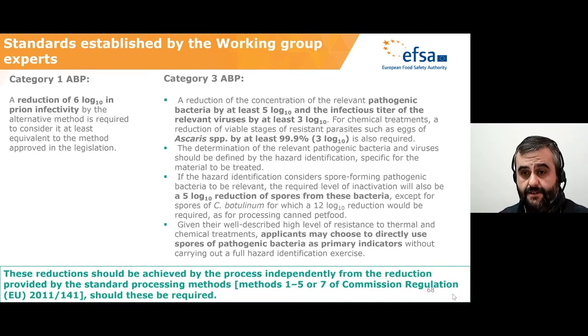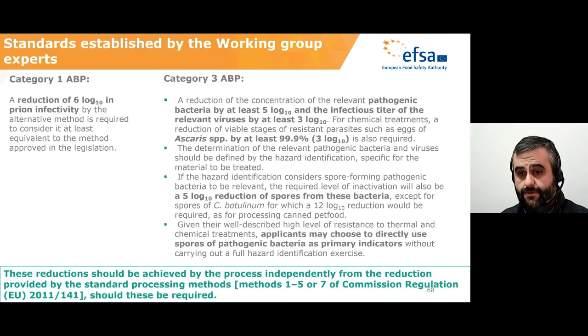If in this hazard identification process the applicant realizes that spore-forming pathogenic bacteria can be present and are relevant, this 5 log level of reduction is also applicable to spores from these bacteria, with one single exception, that is Clostridium botulinum.